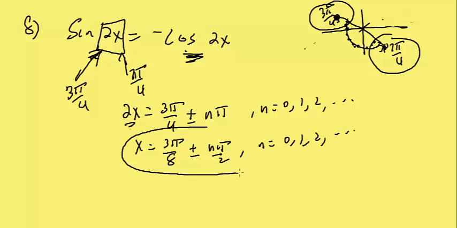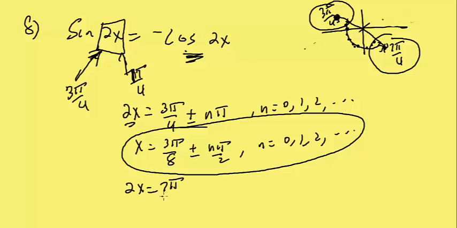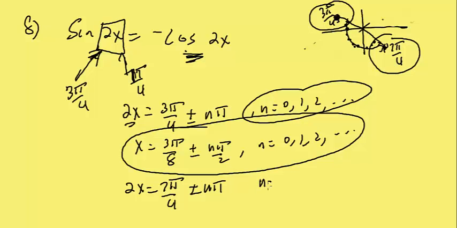Okay, that is done. Now I still have to take care of this one, 7 pi over 4. I'm going to do the same thing. We'll let 2x be equal to 7 pi over 4 plus or minus n pi, and n is 0, 1, 2, and so on. I'm going to divide everything by 2.